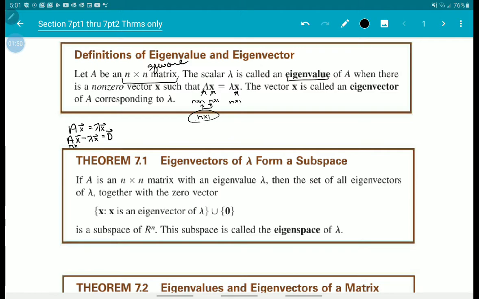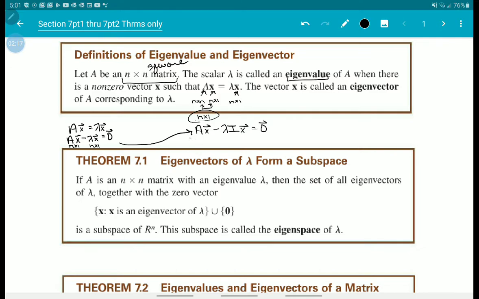Remember now, this is an n by 1, and this is an n by 1, and I can subtract two n by 1 matrices. So I could also think about it this way. I have Ax minus lambda times Ix is equal to 0.